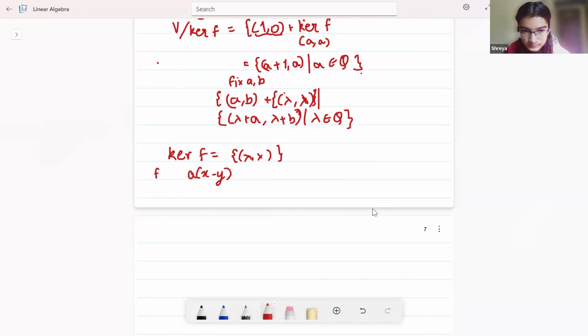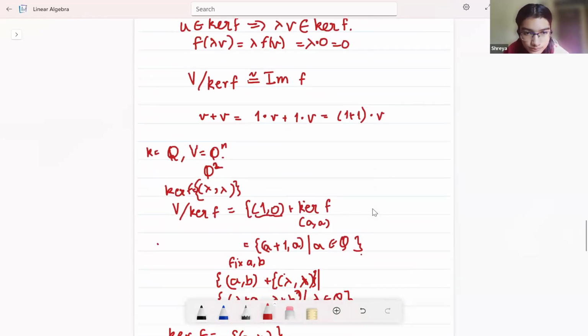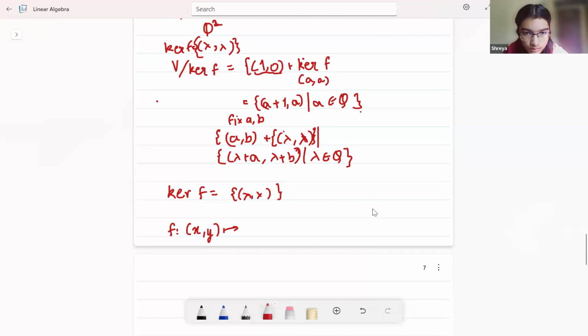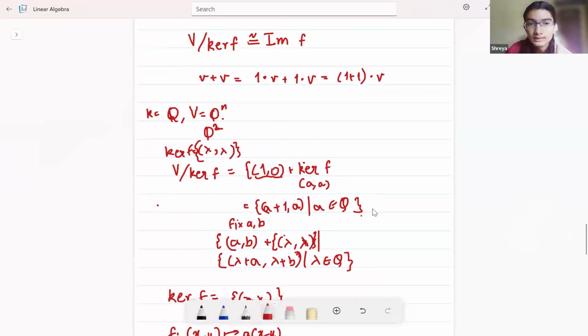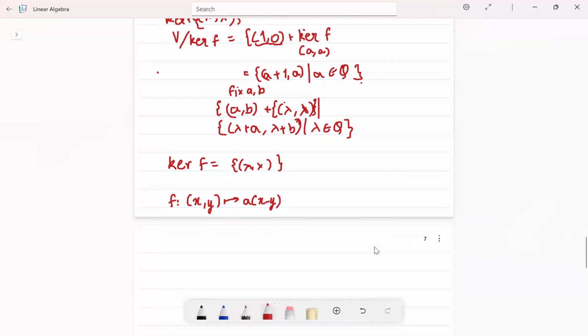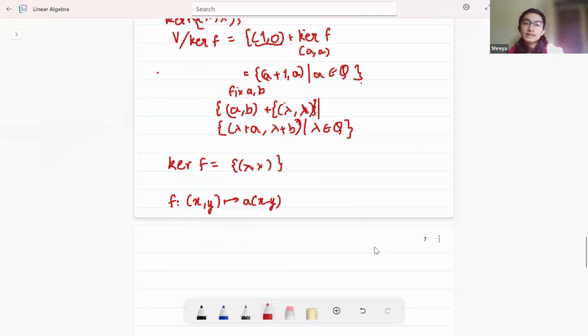F has to be of this form, such that a is fixed and f sends x comma y to that. Also, where are you sending? This homomorphism is from Q square to where? Is it from Q square to itself or to rationals? I think rationals makes sense. Yeah, okay.